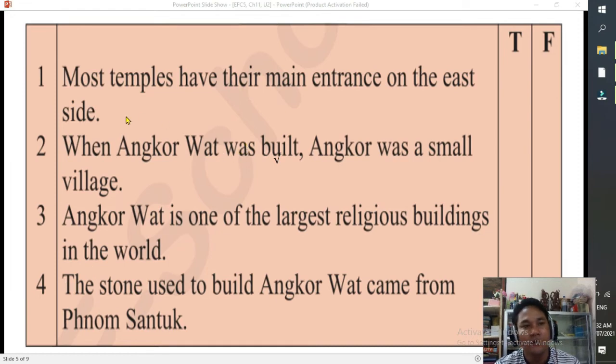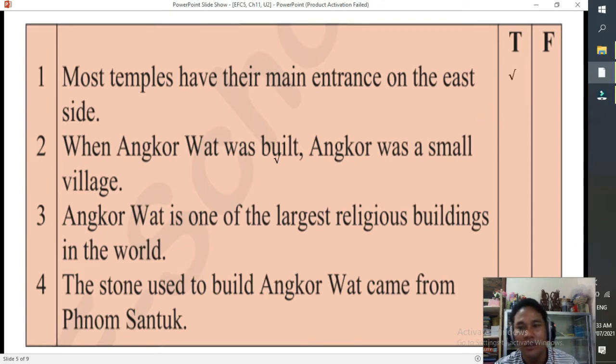So right now, the first one, most temples have their main entrance on the east side. True or false? Right? So now we can see. True. Yeah.